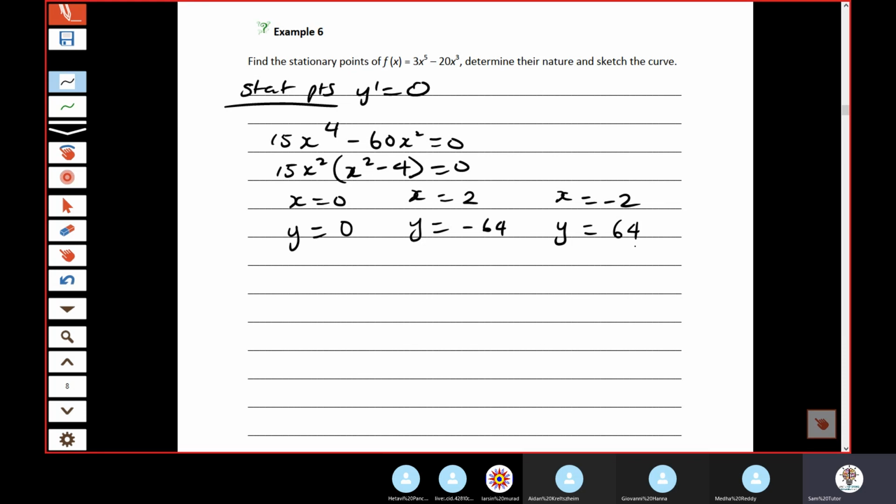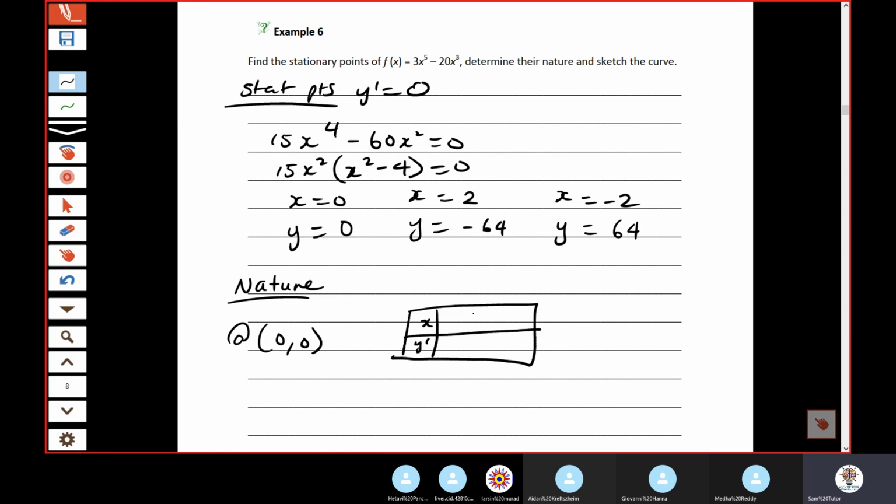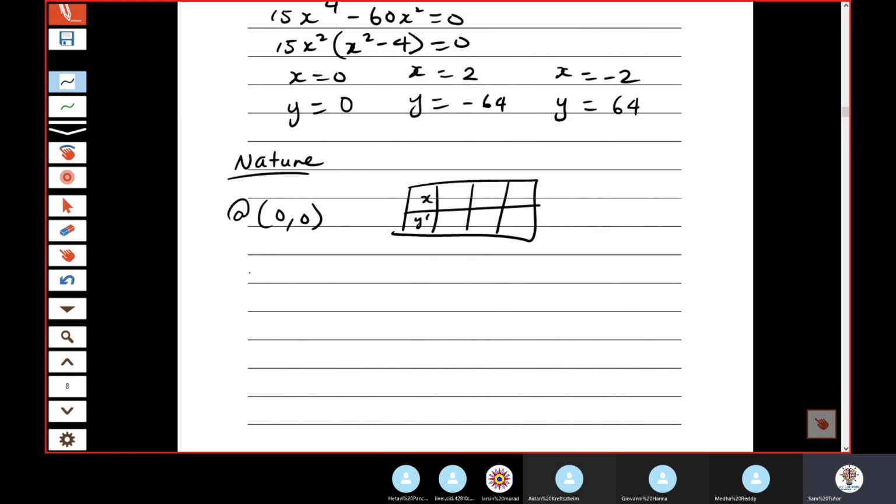So what mistake did you make there? No. Nature. Okay, nature. We're going to do our y dash table. So at 0, 0. At 2 and negative 64.